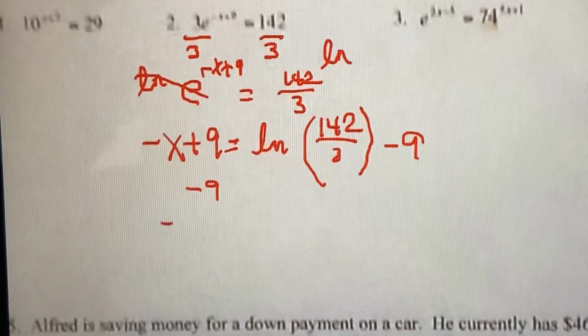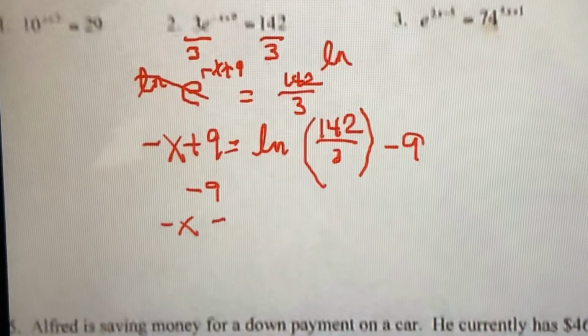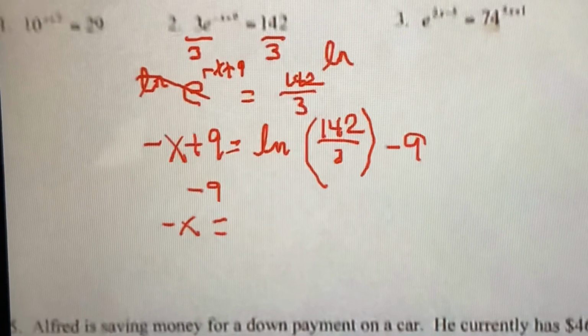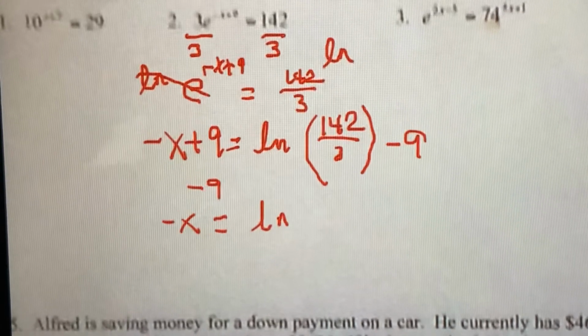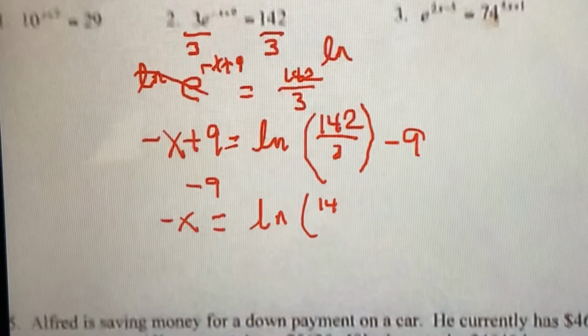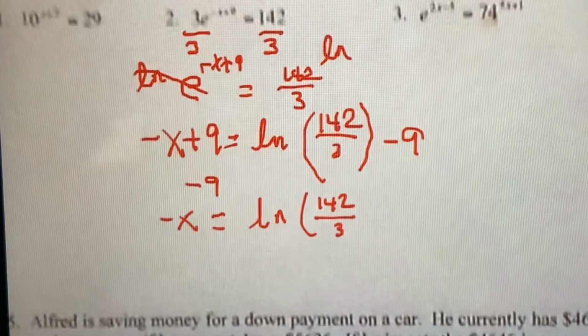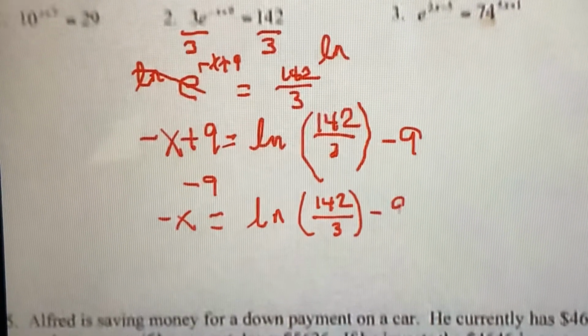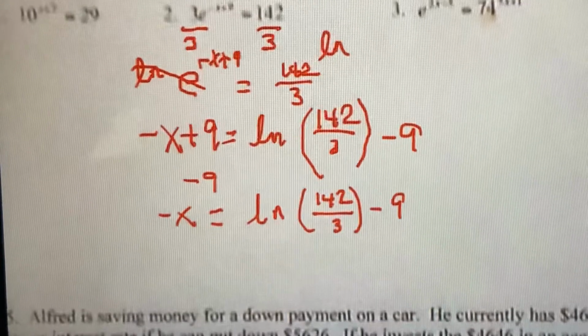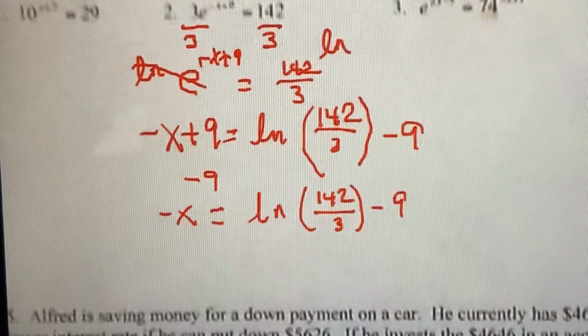And I'm left with negative x equals, and then it says when I subtract 9, ln 142 over 3 minus 9. But you see I've got a negative sign in front of the x.